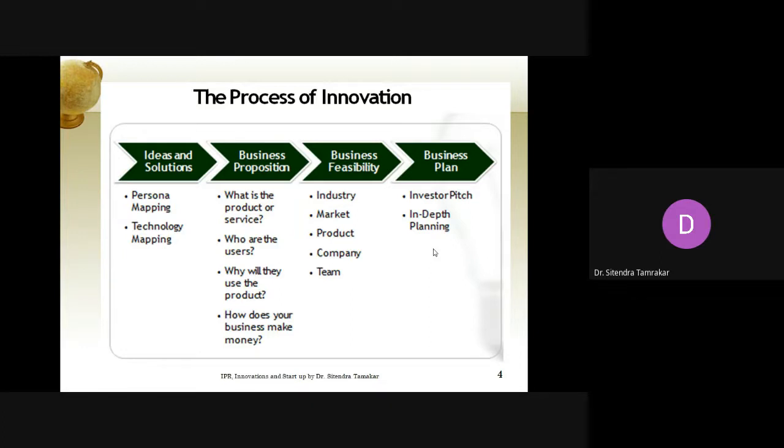Okay, what is a general myth about innovation? You are doing something in the laboratory or at your home and you think you have succeeded. It is not called an innovation unless it is mapped with people's needs and sent to the market. Sending it to the market doesn't mean you always earn money.